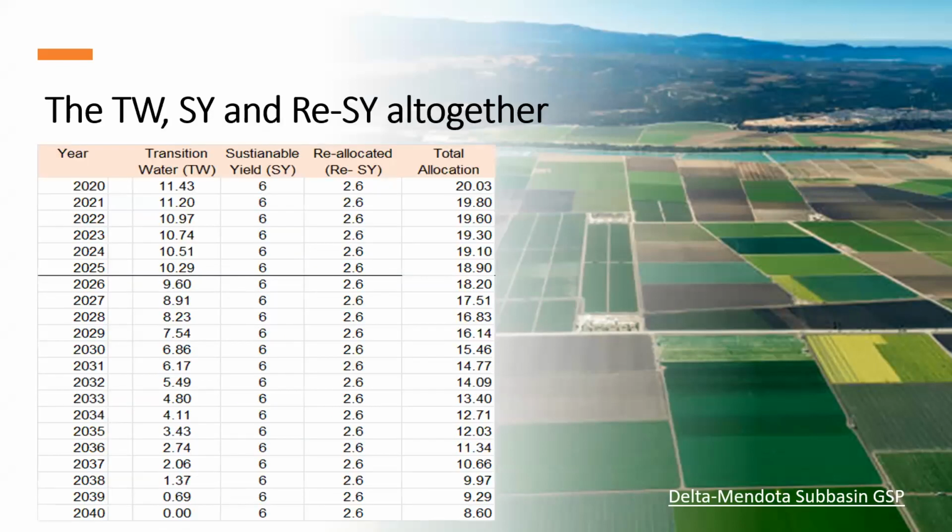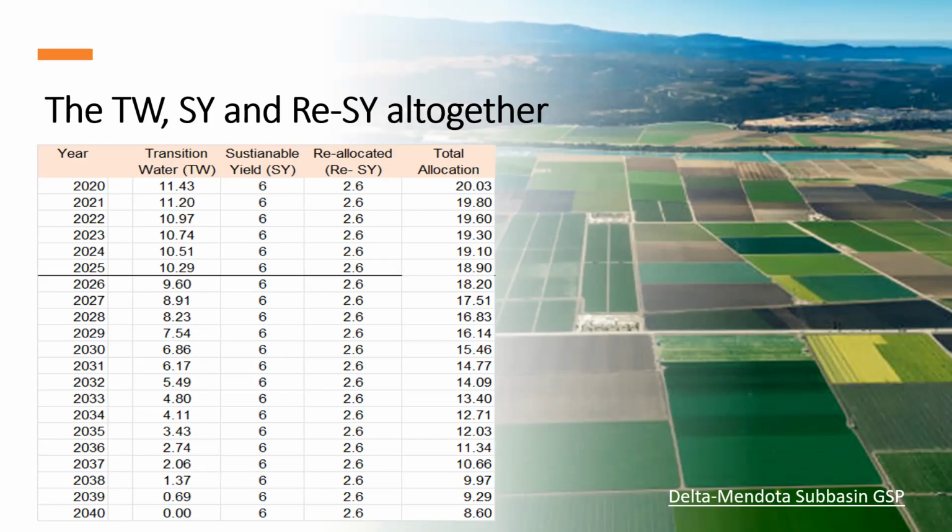Now when we add it all together, this is what it all looks like. So that way you can actually figure out what your allocation is between your 6 acre inches, your 2.6, and then your transitional water, which is at 10.74. So this year in 2023, I had 19.3 acre inches to work with.